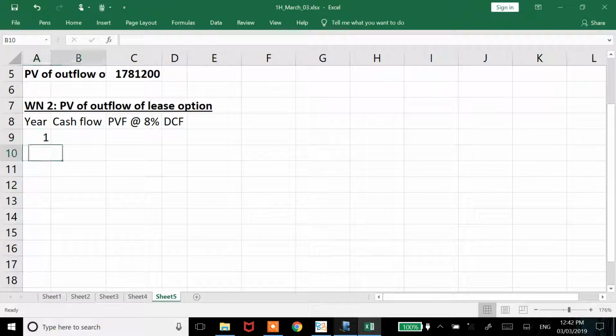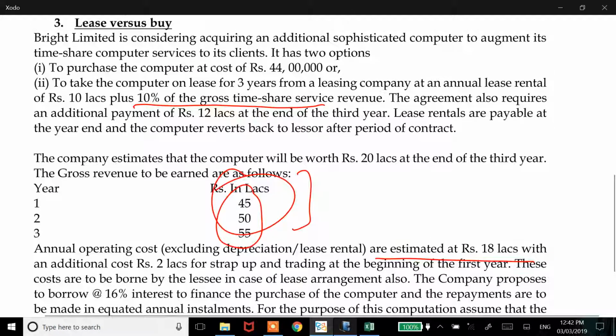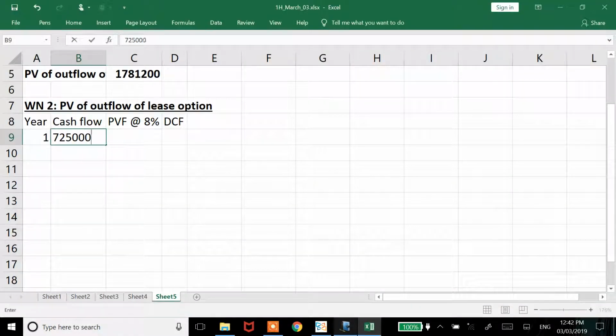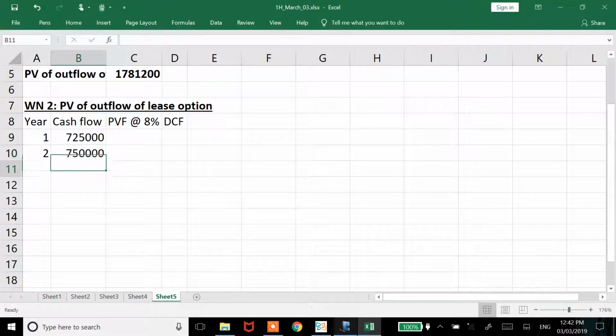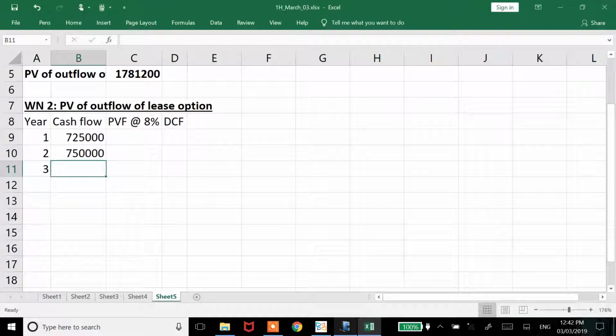What's the first year lease rent? 7 lakh 25,000. Year 2, 7 lakh 50,000. Year 3, 13 lakh. It's basically 10 lakh plus 10% of revenue into 50%. So 10 plus 4.5 into 50%, 10 plus 5 into 50%, 10 plus 5.5 plus 12 into 50%, which is 13 lakh 75,000.